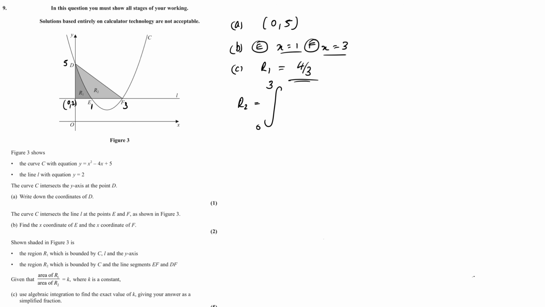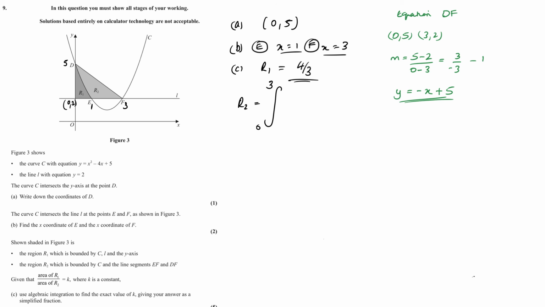So we're looking at an equation that goes from D to F. We know the coordinates: D is 0, 5, and F is 3, 2. So the gradient is difference in the y's, 5 minus 2, over difference in the x's, 0 minus 3. So we get 3 over -3, which is -1. So y equals minus x plus 5.